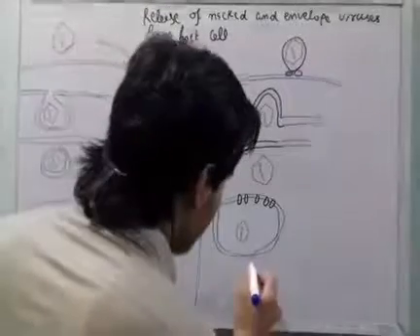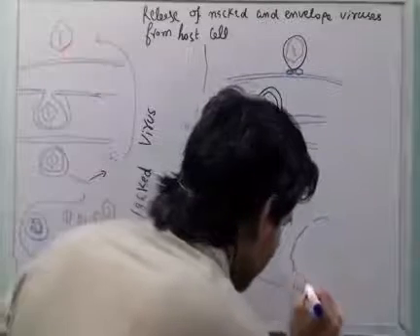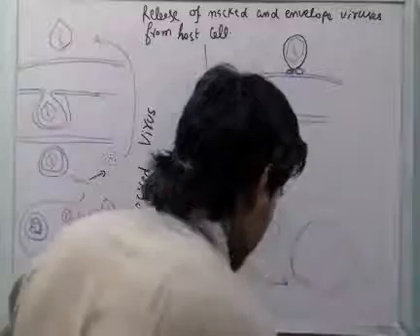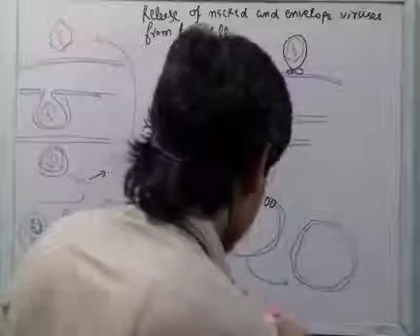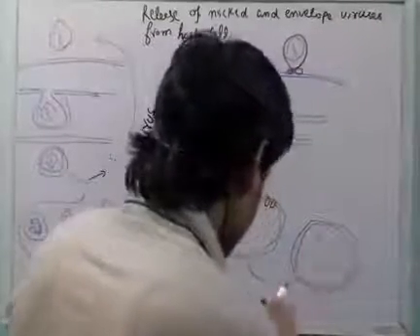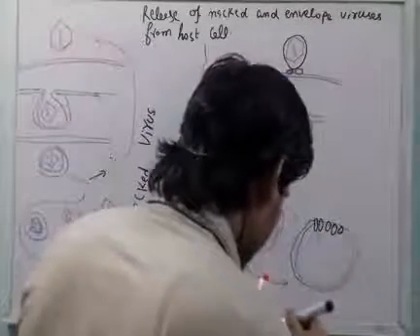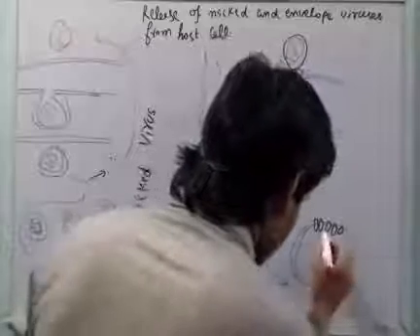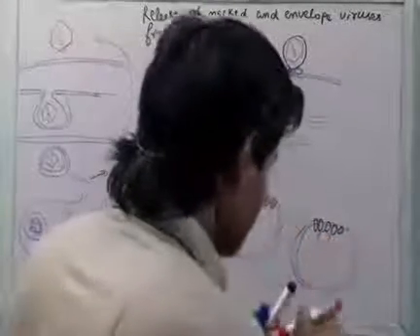So they will attach themselves. So what we see is a diagram like this. Once again, let me draw. We see that our progeny viruses are now attached to this protein area.